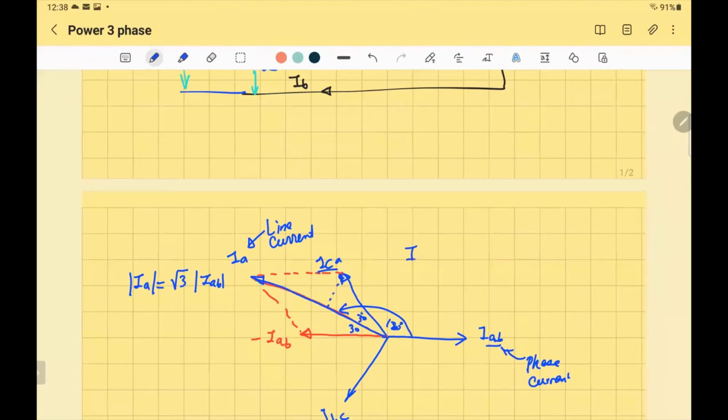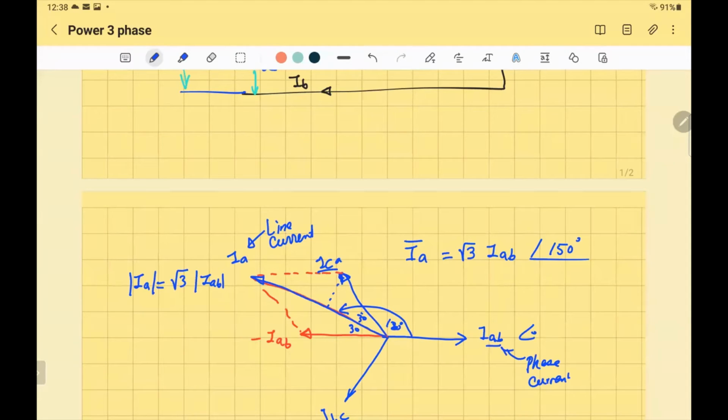So now we can write IA is equal to square root of 3 times the IAB magnitude, and the angle, if this angle is 0, then 0 plus 150, 150 degrees. So line current is square root of 3 bigger than the phase current and leading by 150 degrees, meaning you're adding, not subtracting.